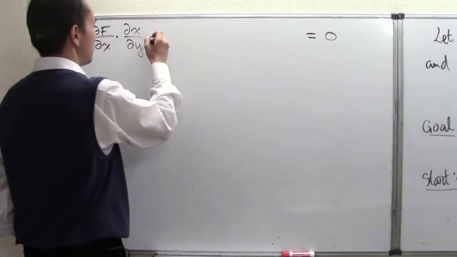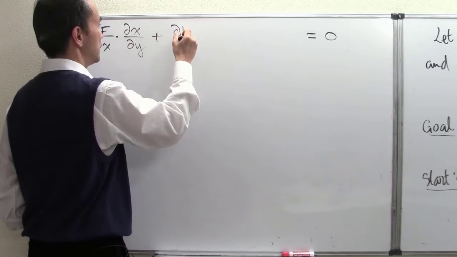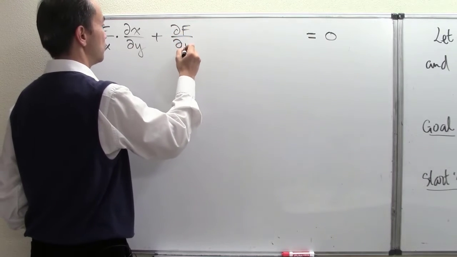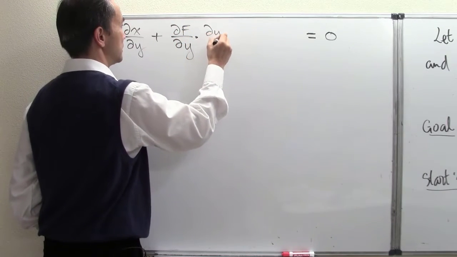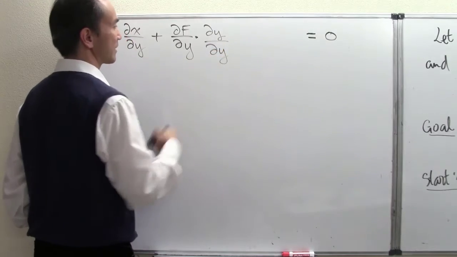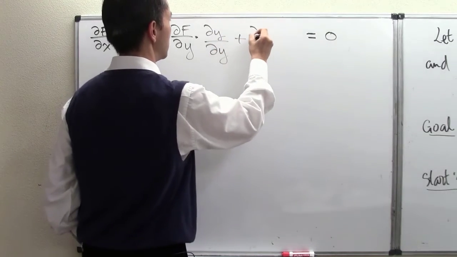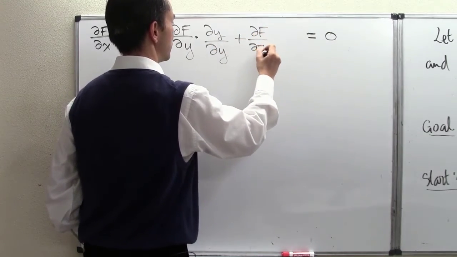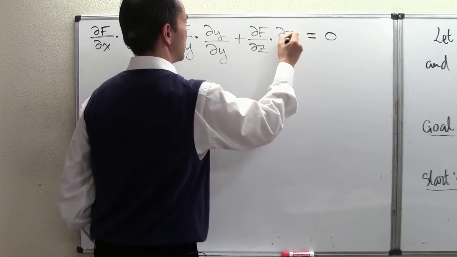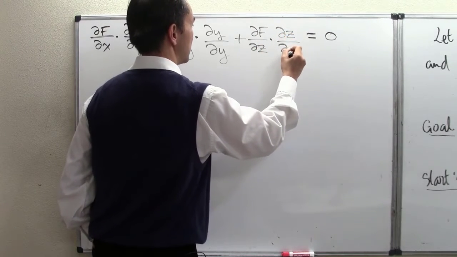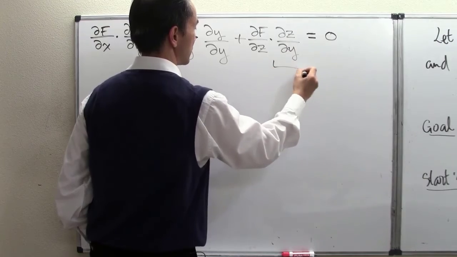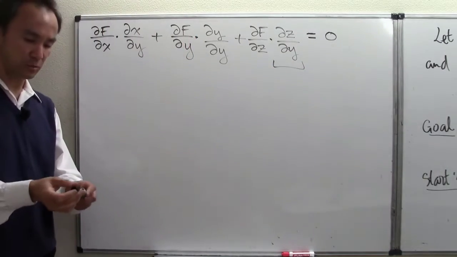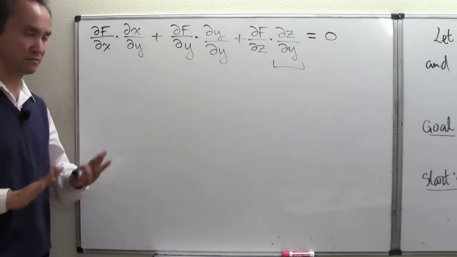Plus now df dy multiplied with dy dy. And plus the last one, df dz multiplied with dz dy. And notice this is our target partial derivative expression that we are desiring.